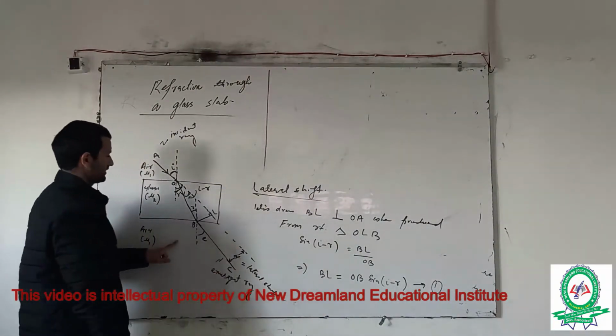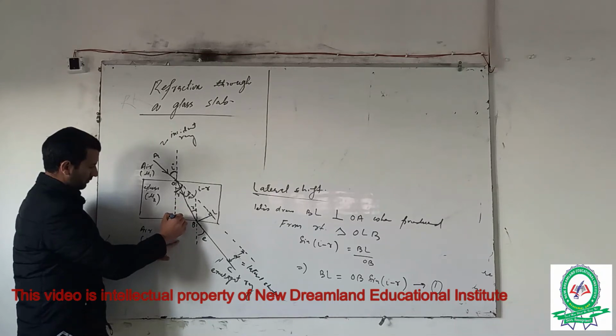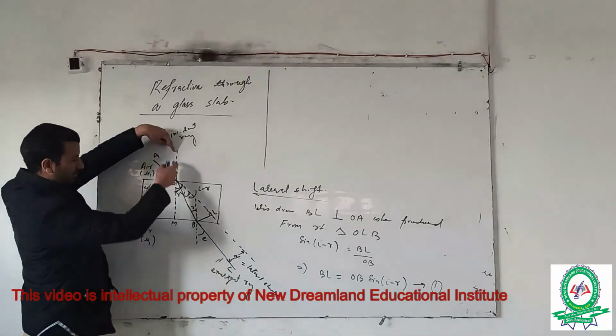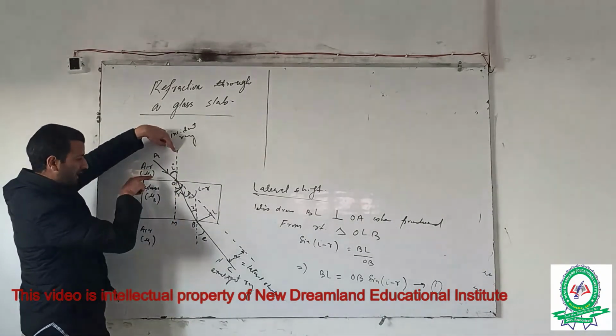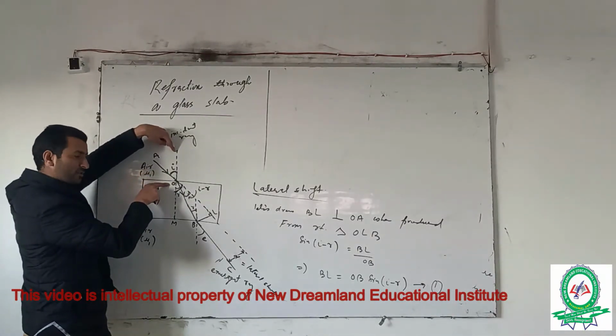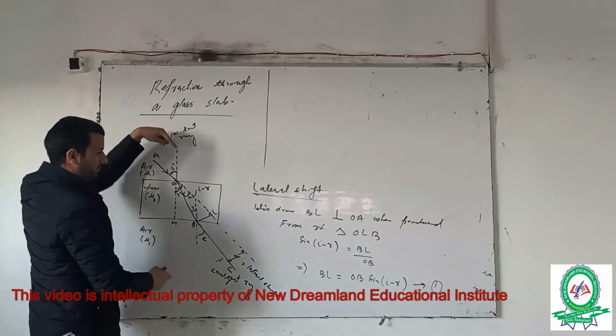Now again, let us look at this, and let's name this point as M. This OM is the normal. OM is the normal at the point of incidence, जहाँ पे ray of light top surface पे incident हो रही है, O इस point of incidence पे normal OM.